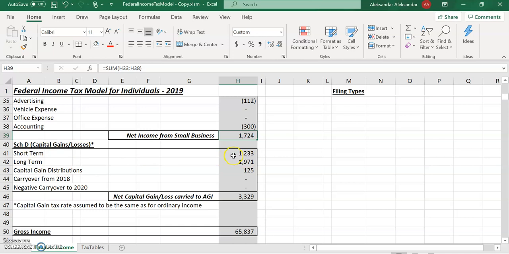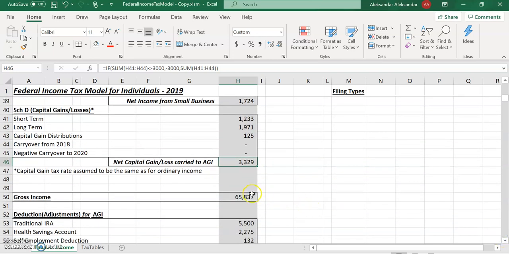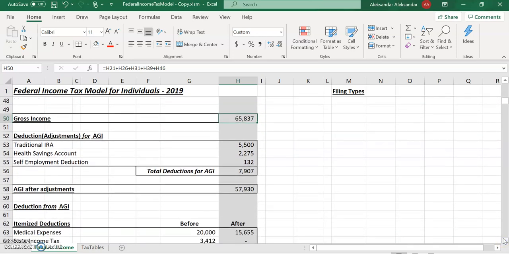So again, at the end of the year, you will be given a statement with short-term and long-term gains, and if any capital gain distributions, you account for that amount by including it in your total income. So gross income will include all of these incomes.